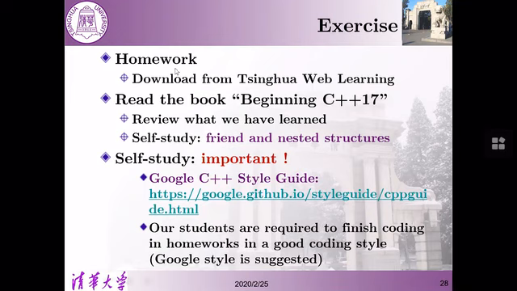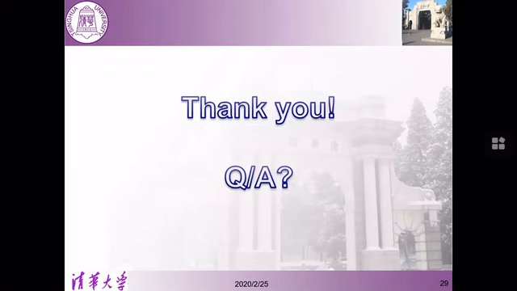And then I also suggest you review what we have learned and read this book. Also, we may not have time to learn friend and nested structures in detail. I hope you learn them by yourself, okay?